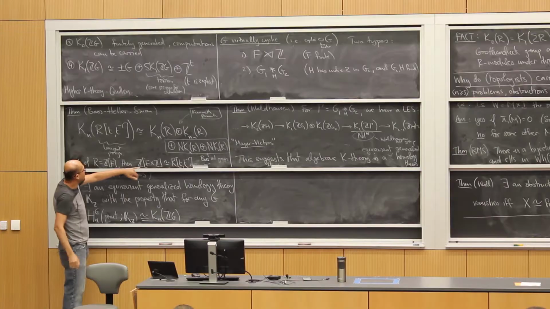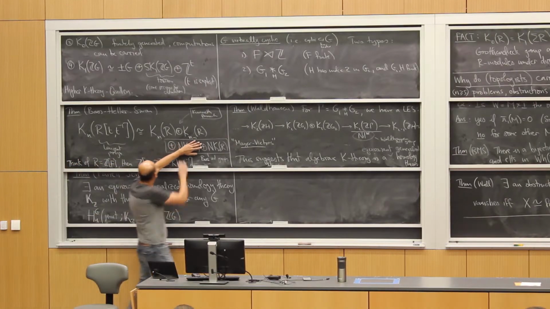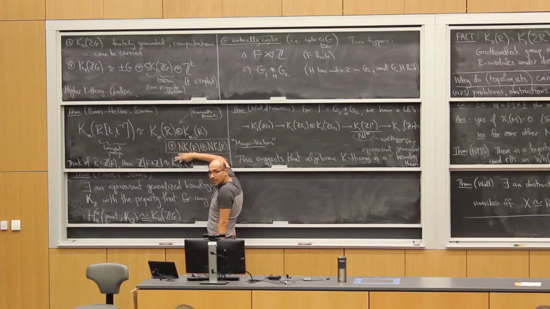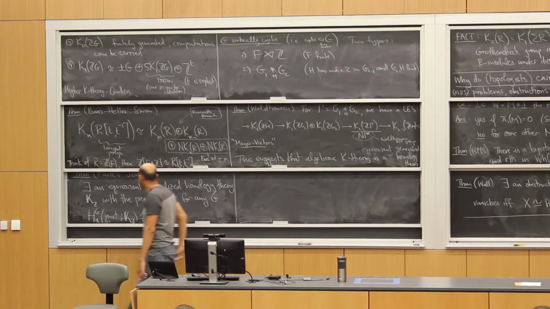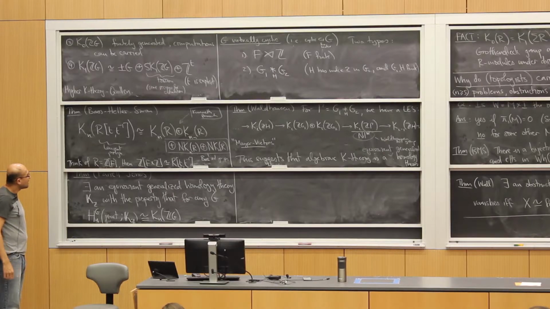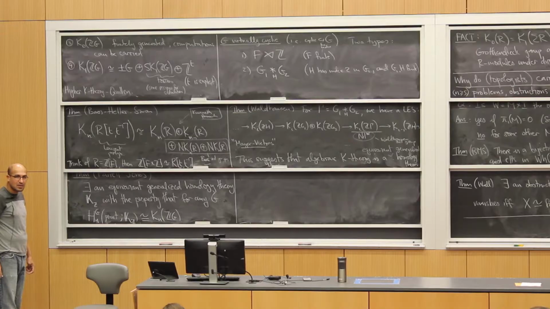The K-theory of F cross Z would just be two copies, or a shifted copy, of the K-theory of the finite group. But that's not the case. There's some mystery term that appears when you pass from finite groups to these virtually cyclic groups. So as you go to more complicated groups, it's not clear what happens.